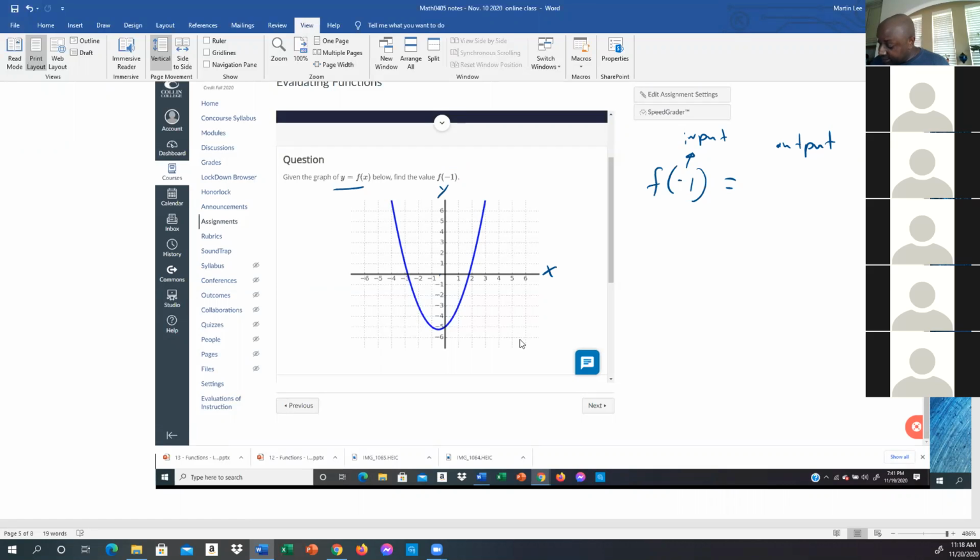Starting at the origin, I want to know where's -1. -1 is here. Now I need to find the y value that corresponds to this. I want to go down to where I intersect the graph, and that's at this point. And now I go to my right to find out where this is on the y-axis, and it's at -5. So when my input value is -1, my output value is -5.